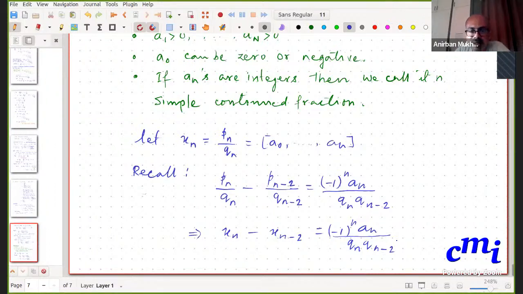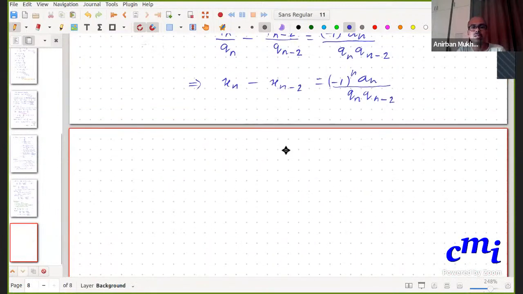Now with our assumption, these Ans and Qns are all positive, non-zero positive. Therefore, if n is even, then minus one to the n is positive. It's just one. So the right hand side is positive.